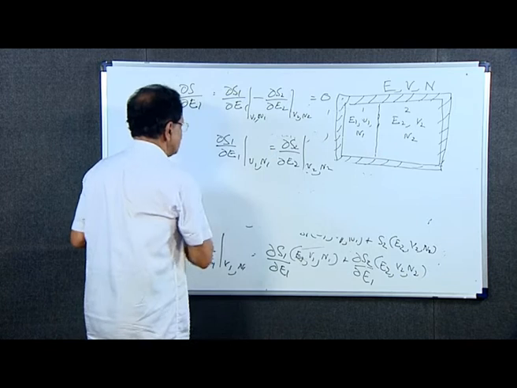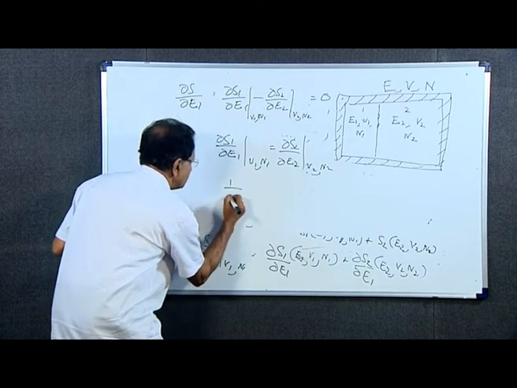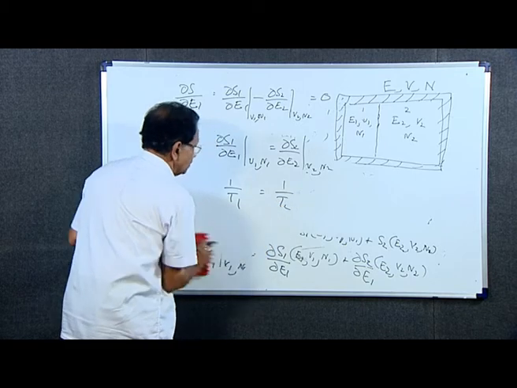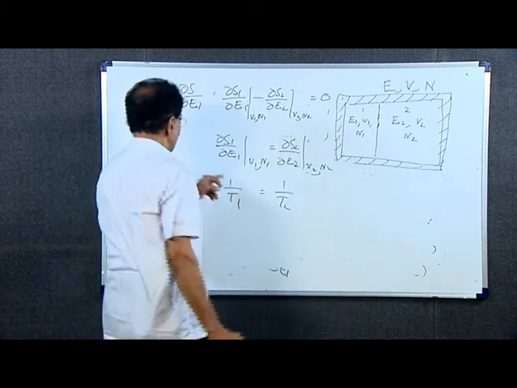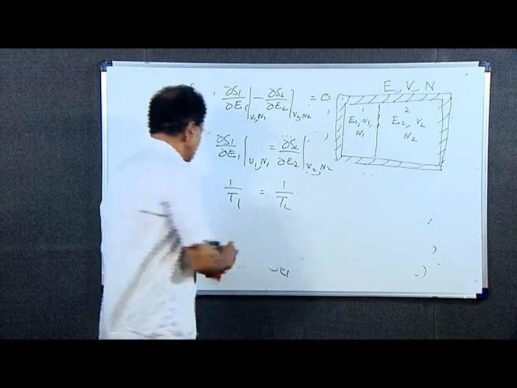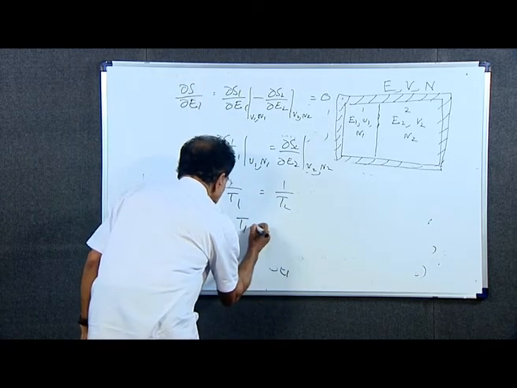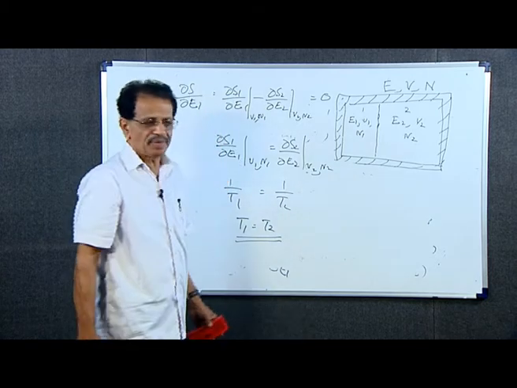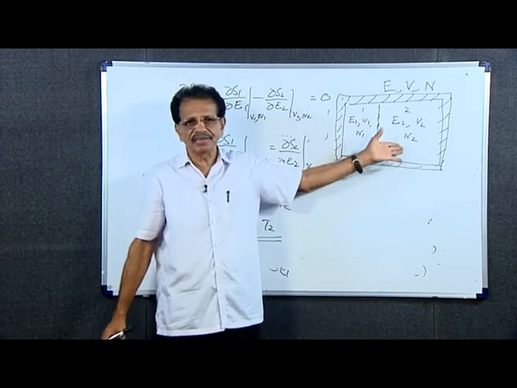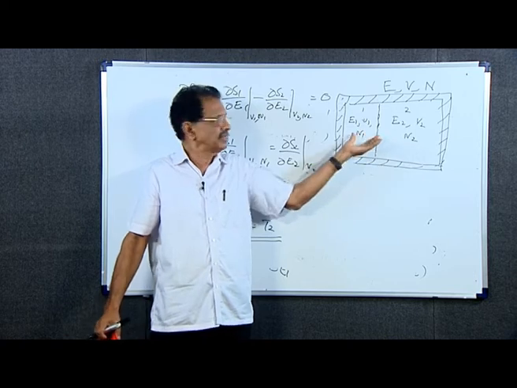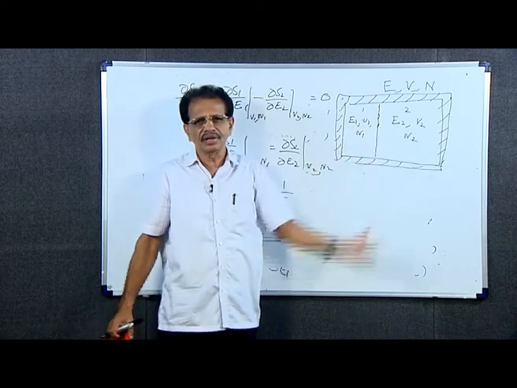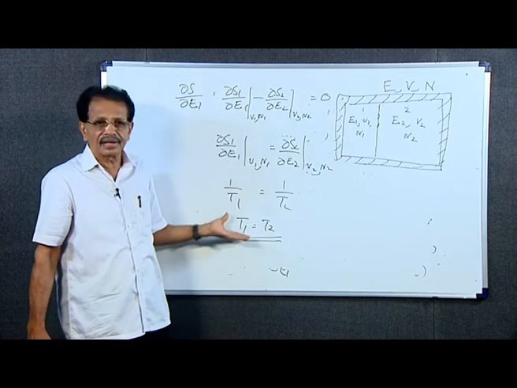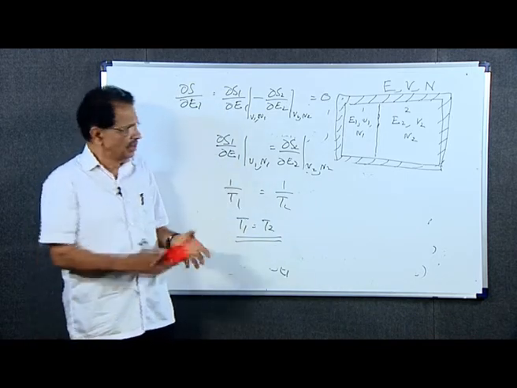Now by defining this quantity as 1 by T1, naturally that is equal to 1 by T2. At maximum, 1/T1 equals 1/T2, which means T1 equals T2, as we expect, because by exchange of energy the system reaches equilibrium when the temperatures of region 1 and region 2 are the same.